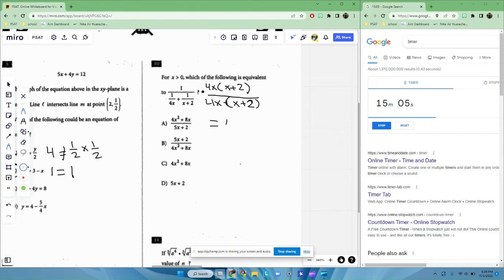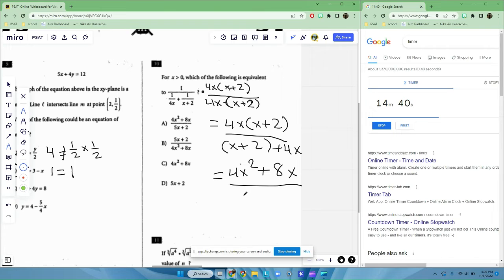Now this would be equal to 4x, x plus 2, since we're just multiplying by 1 on the top, and on the bottom we would get x plus 2 plus 4x. Alright, since we're also multiplying by 1. So this would be equal to 4x squared plus 8x over 5x plus 2. So answer option B is the correct answer.